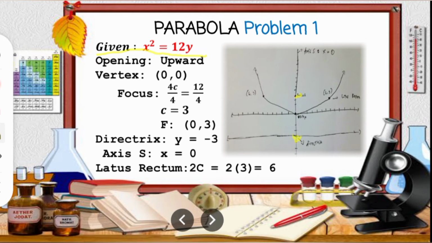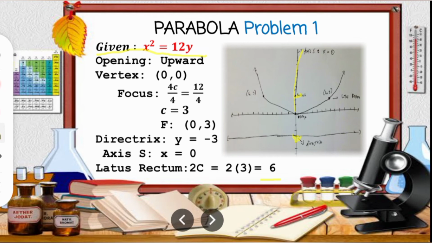Our axis of symmetry is x equals 0. For our latus rectum, the formula is 2c, which is 2 times 3, so we come up with 6. So our latus rectum is 6.